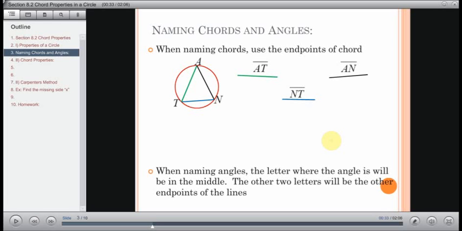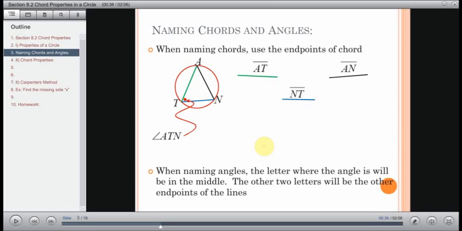When you're inside a circle and naming an angle, the letter where the angle is goes in the middle, and the other two letters are the other endpoints of the lines. For example, the angle ATN: the middle letter tells us the actual angle point. The angle is at T, so you go ATN.